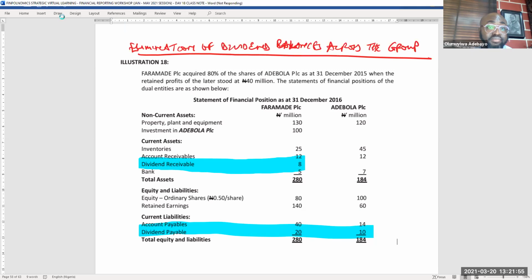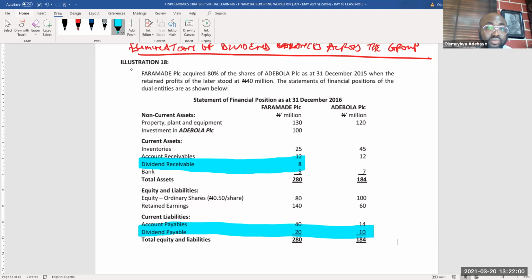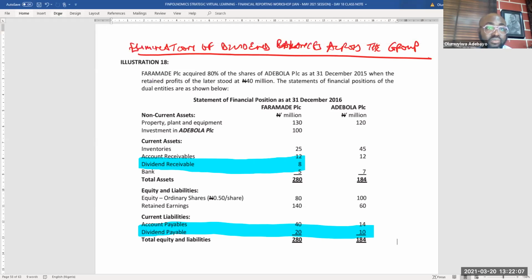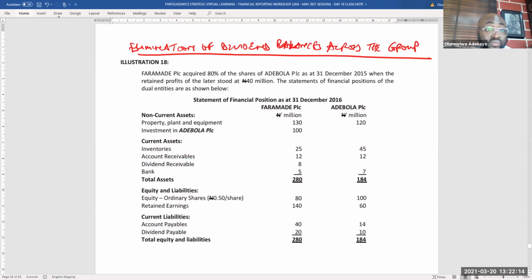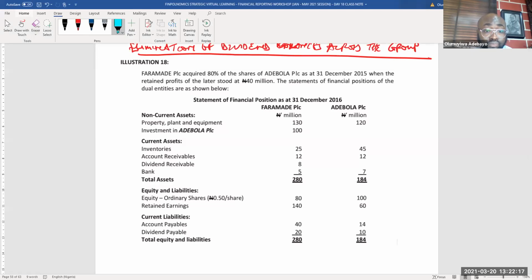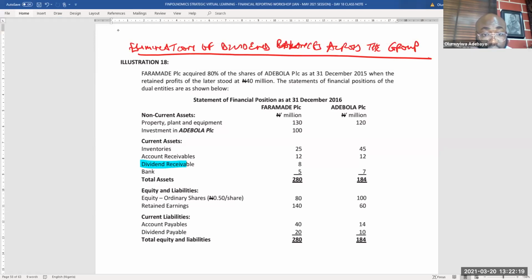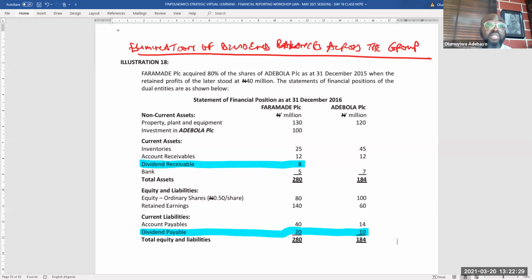Let me highlight it. The highlight is too big. Okay.